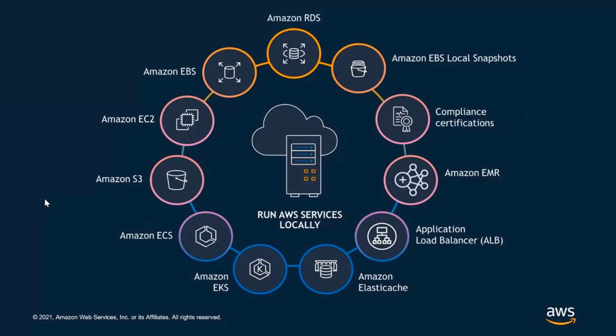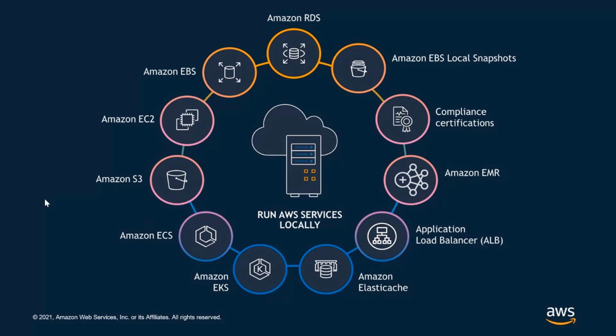And so part of this is really running AWS services locally on Outpost, which obviously when you start to think about data processing, building applications that are going to keep processing data within a region become very important.